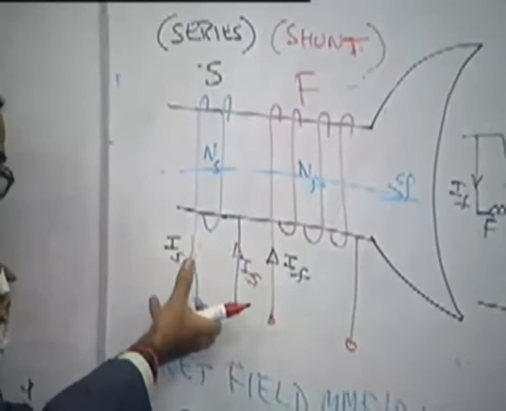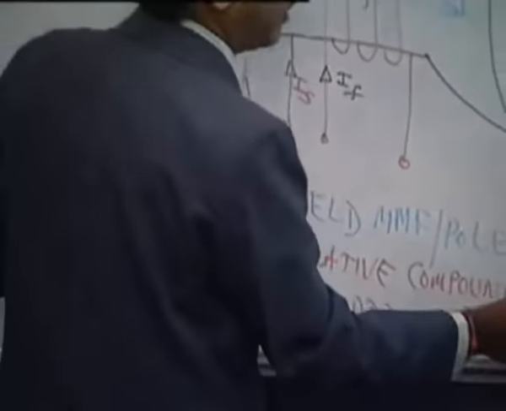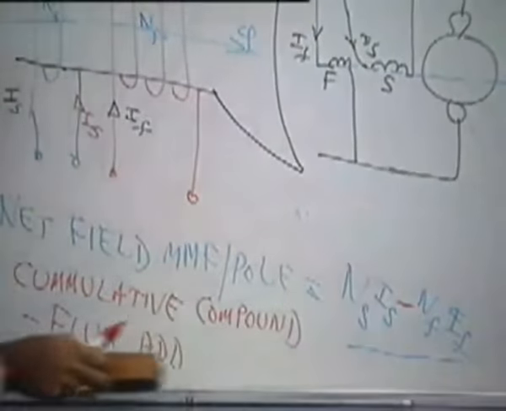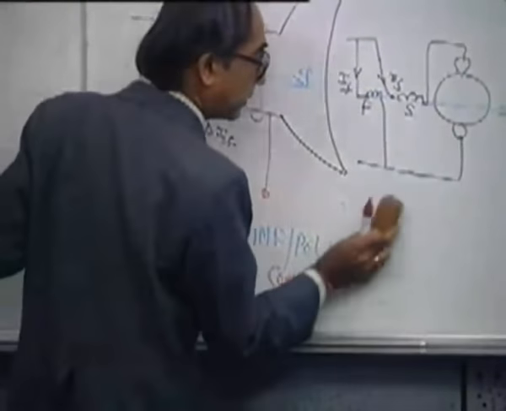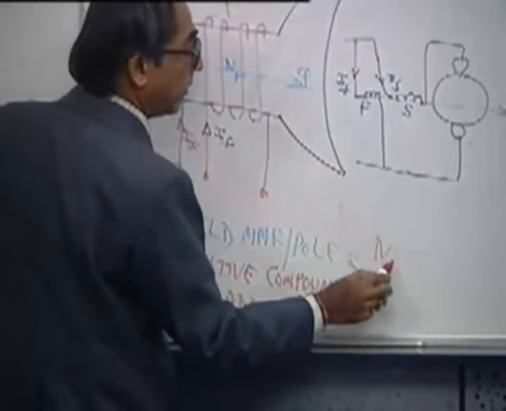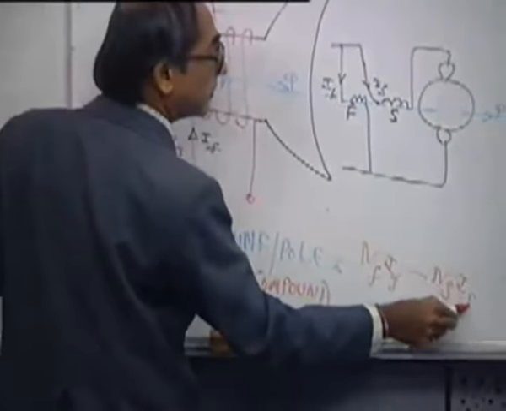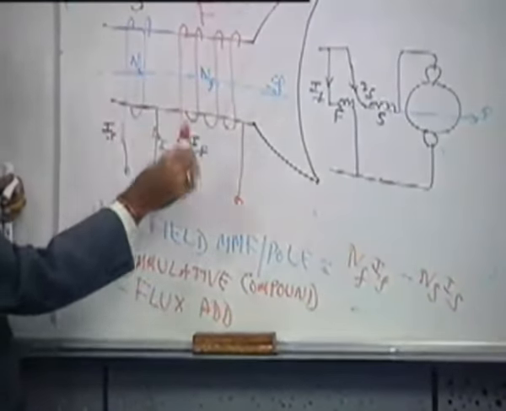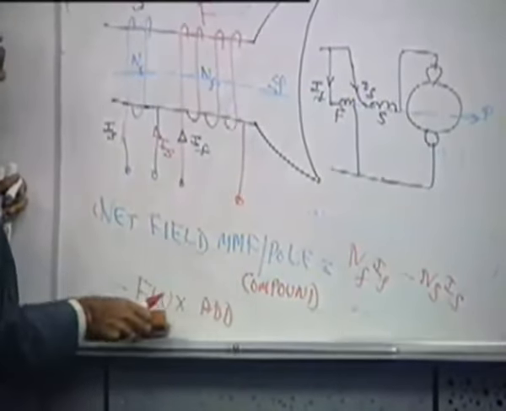You reverse the series current, then the net field will be, we have to change from plus to minus. That means the net field here will be NFIF minus NSIS, because the series MMF is opposing the shunt MMF, and this is called not cumulative but differential compound.